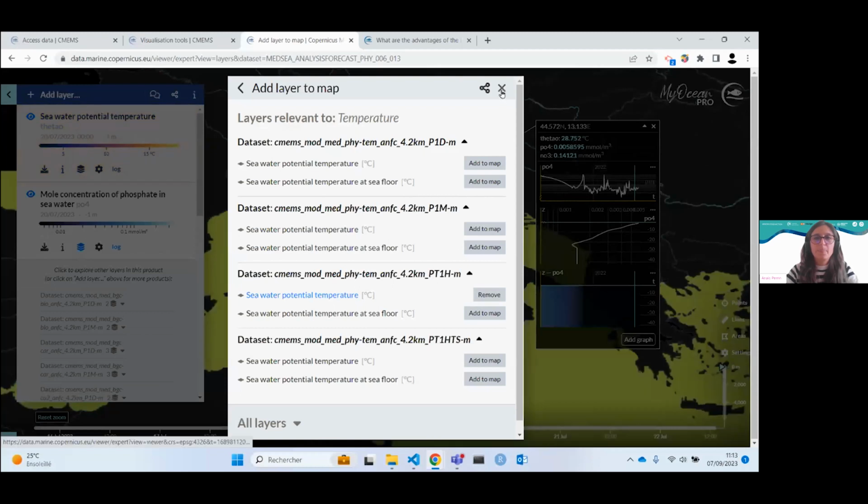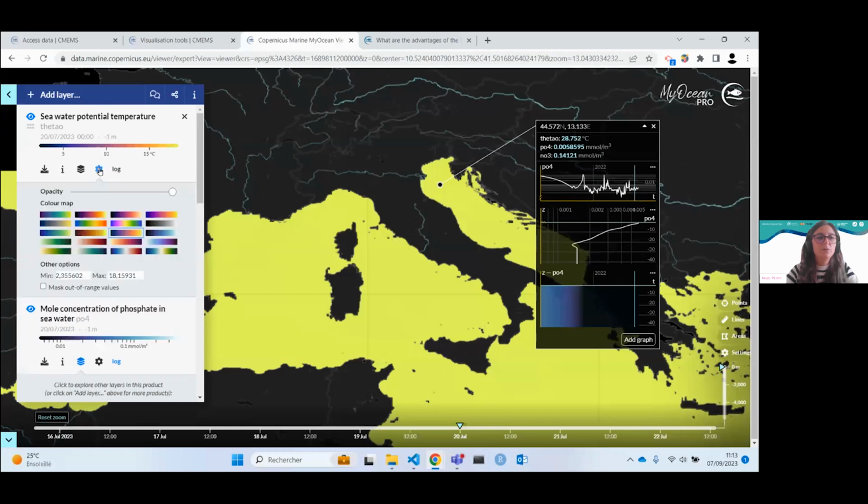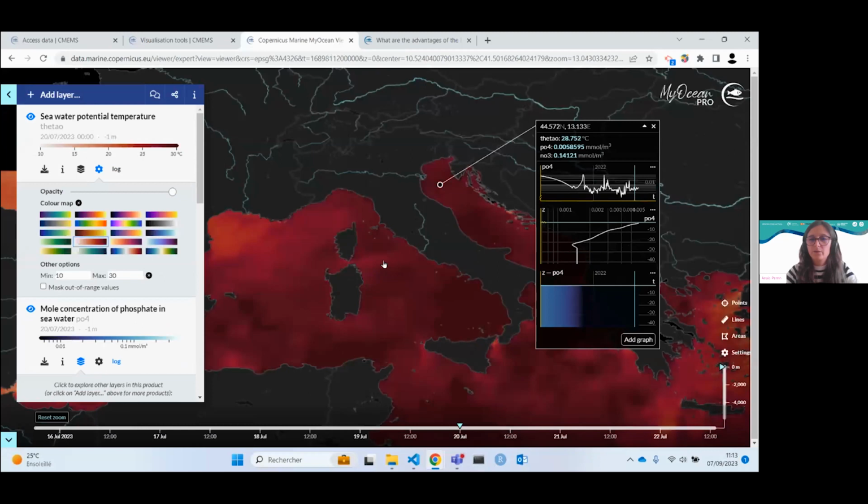And here is my temperature layer displayed. For greater visibility, I will change the color of my data here, and I will modify the minimum and maximum values here.